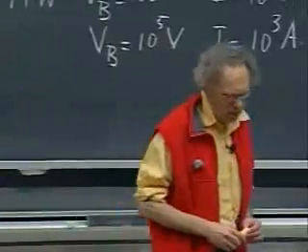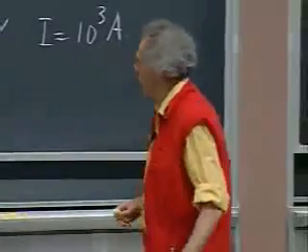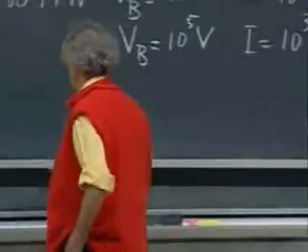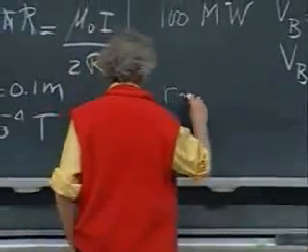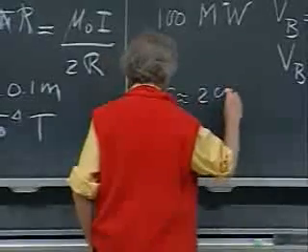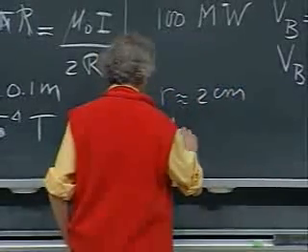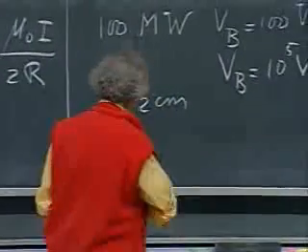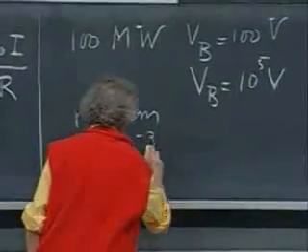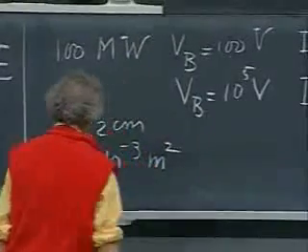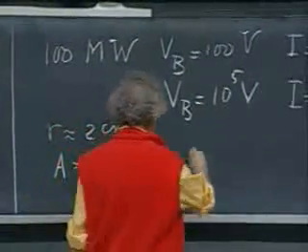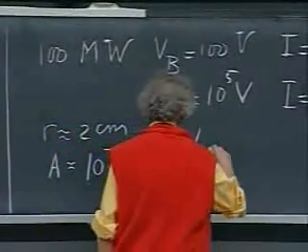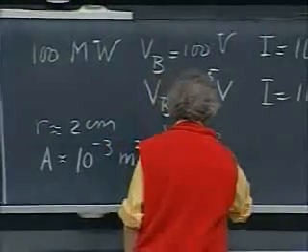And so typical cables have a radius R of about 2 centimeters. That gives them a cross-sectional area, I think, of about 10 to the minus 3 meters squared. That's correct. And the potential V at A is roughly 300 kilovolts.